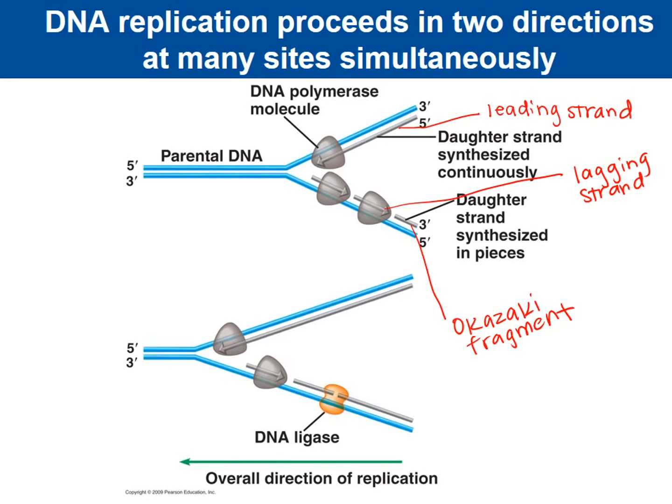And so when the lagging strand is made, it's made in short little segments. And what you'll notice is that as this replication fork begins to open up, DNA polymerase is going to go 5' to 3'. When it reaches the previous Okazaki fragment, DNA polymerase is going to fall off the DNA and go back up into the opening of the replication fork and go 5' to 3' again, and again.